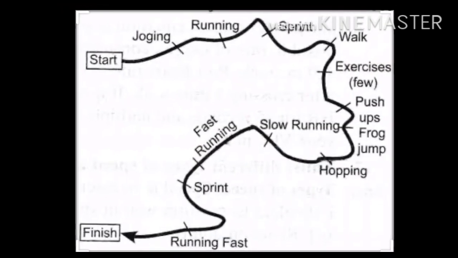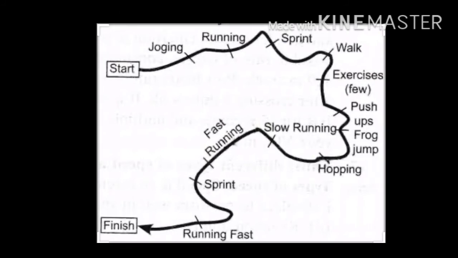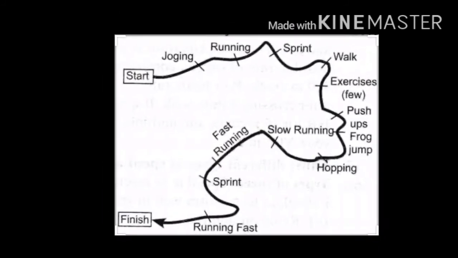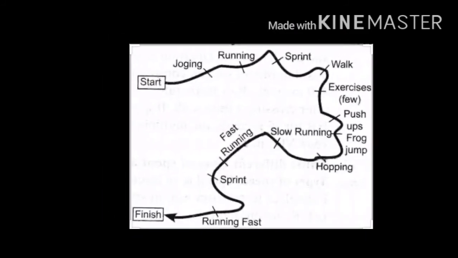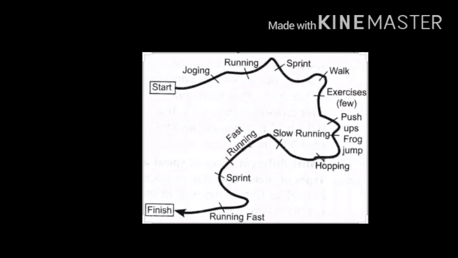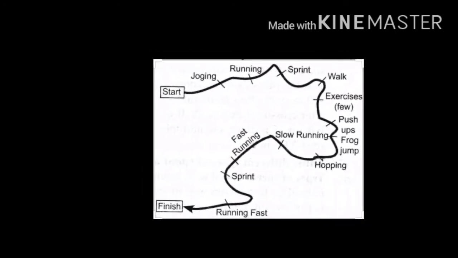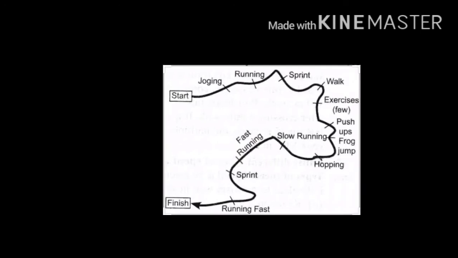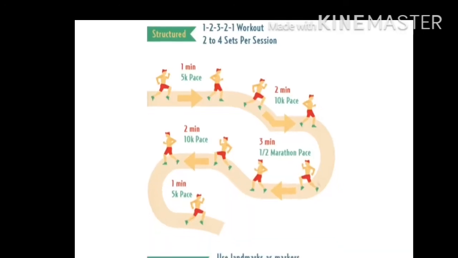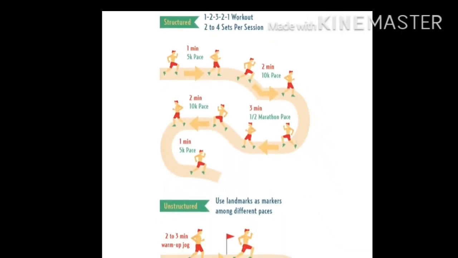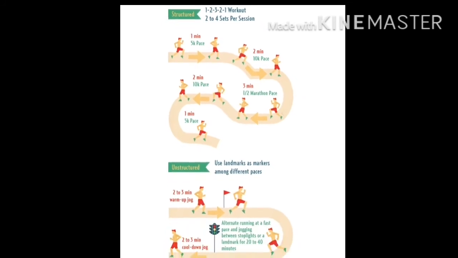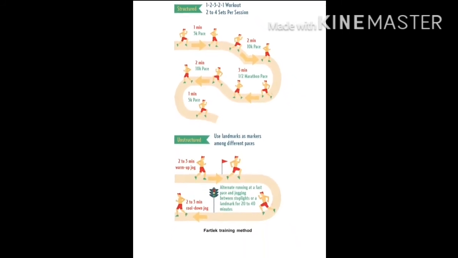With the help of these pictures, you will be able to understand how the track of fartlek training should be. From the start, you should be jogging, then running, then sprint, walking. You can change your pace alternately from walking to running, from running to sprints.